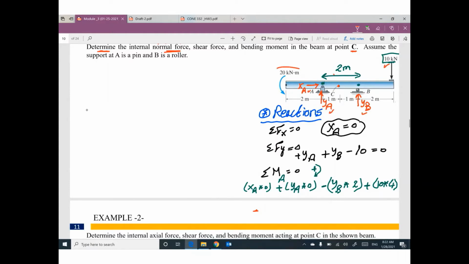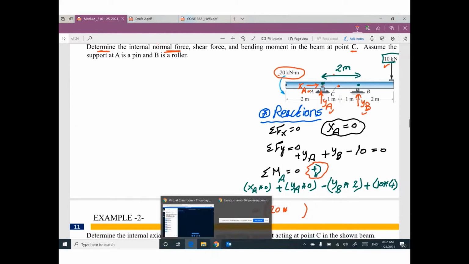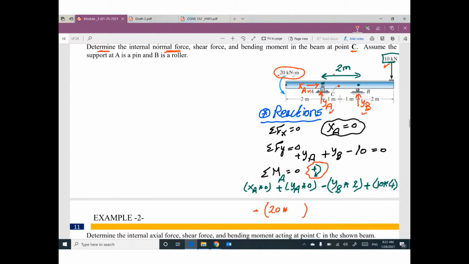Please don't forget this value. 20 kilonewton meter, minus, because it's counterclockwise, opposite to your assumed positive direction. I need an answer. What is the horizontal distance between this 20 kilonewton meter and point A? Any answer?